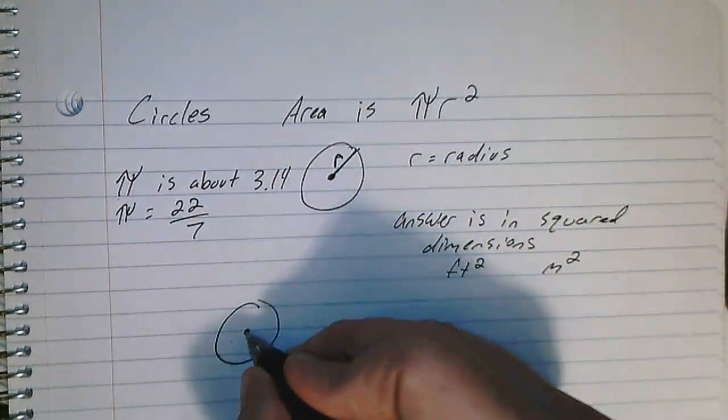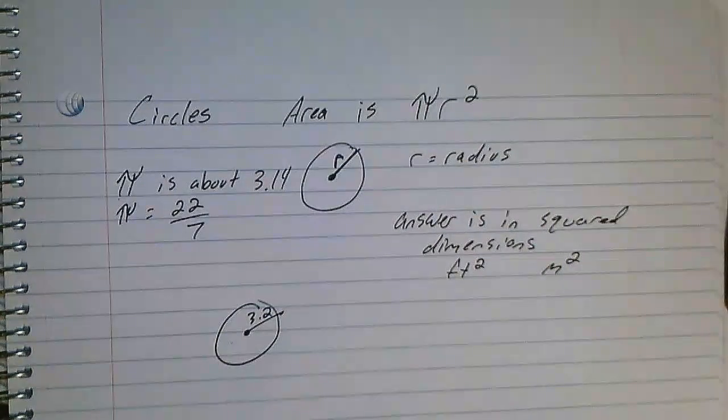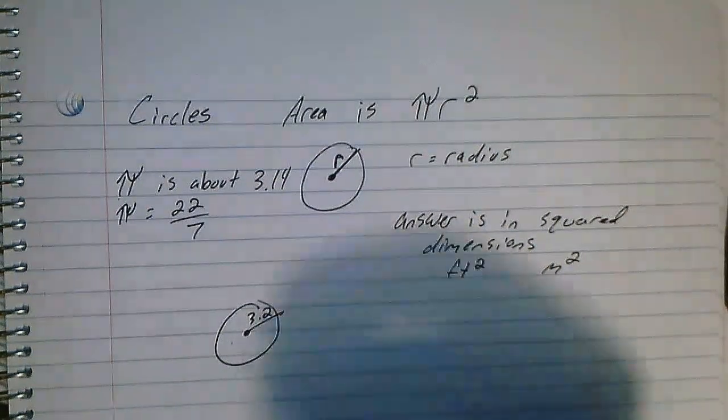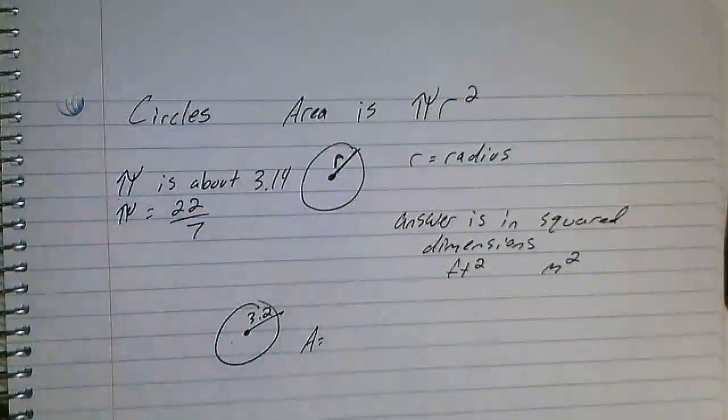So it will give you the radius. Here's one of 3.2, and it asks you to find the area using either 3.14 or 22/7.